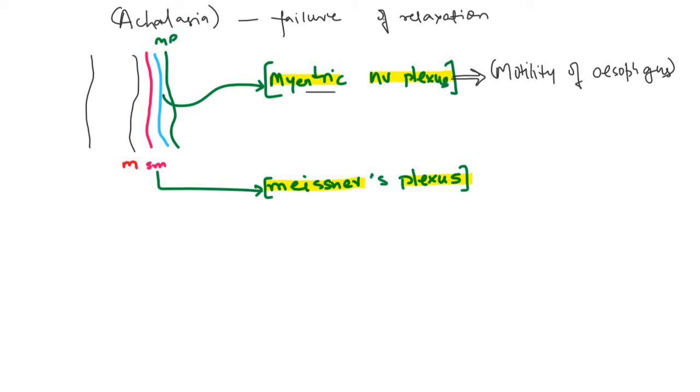Whereas Meissner's plexus will control the secretions within the esophagus of various glands, goblet cells, etc. Also it will control the blood flow and the absorption.